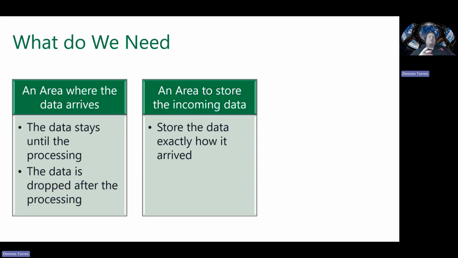In this case, if the first one is the drop zone and the bronze layer is the next one, this one, there is not a specific name, I would say, is an image intended for tracking the lineage of the data. So we store the data exactly how it arrived.